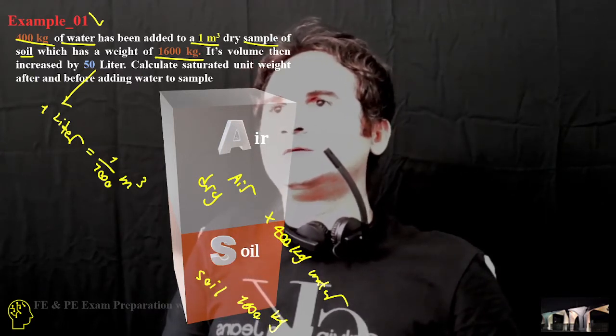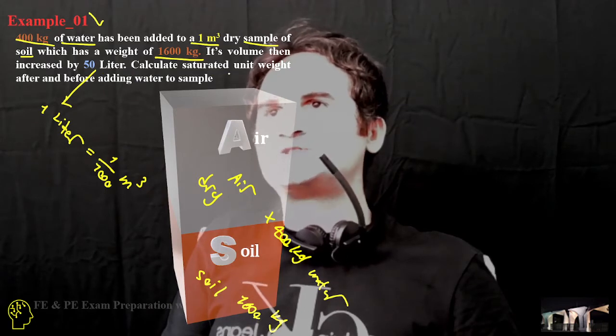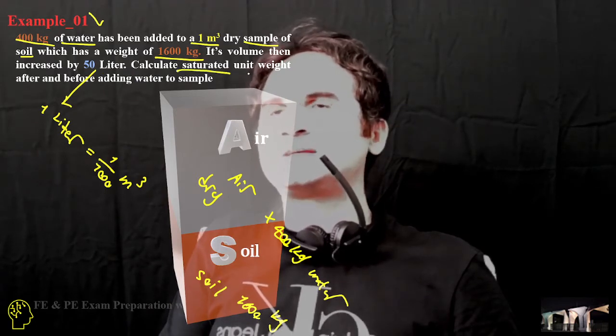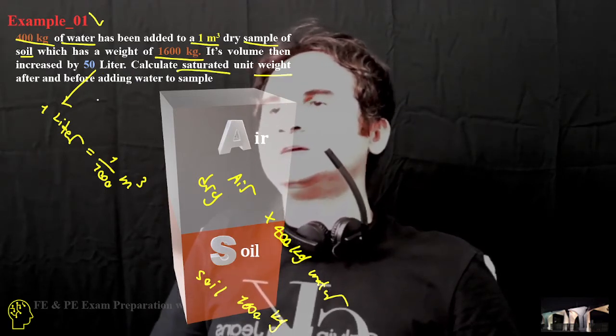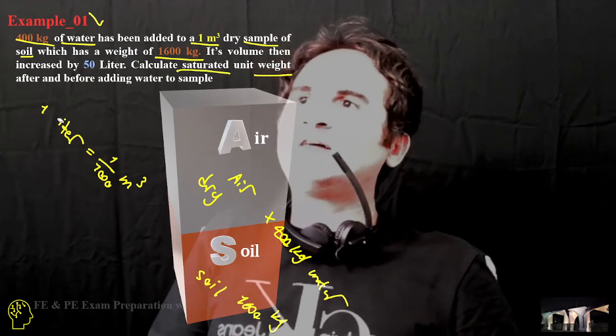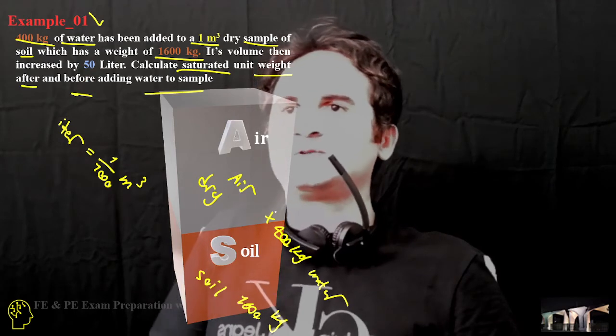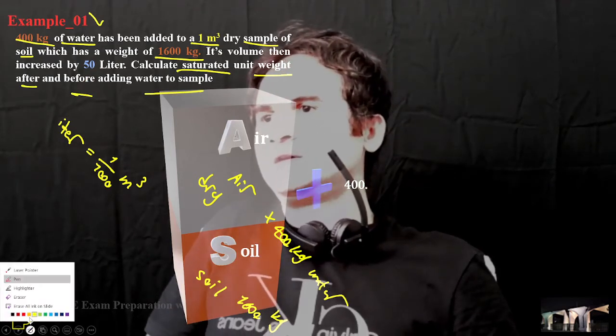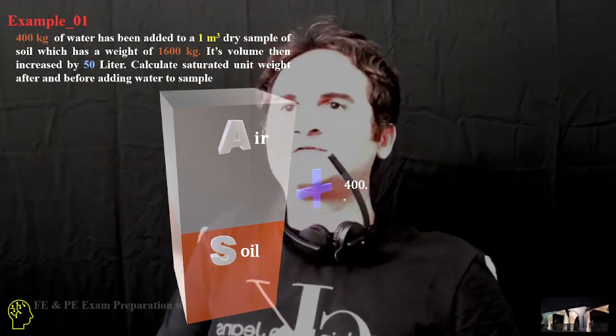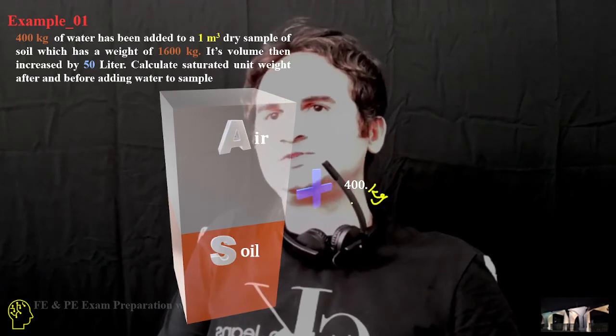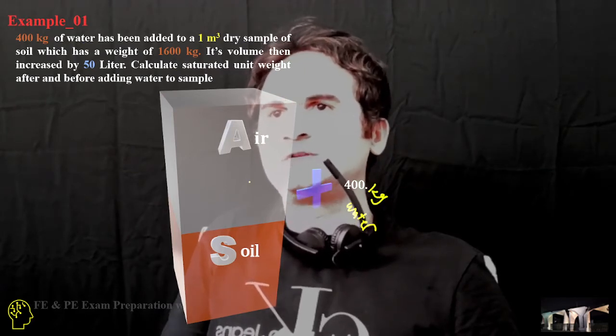So we want to calculate the saturated unit weight just before and after adding the water to the sample. We just add 400 kg of water to our dry sample.